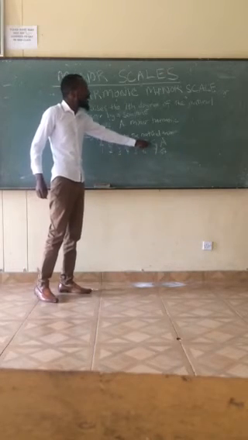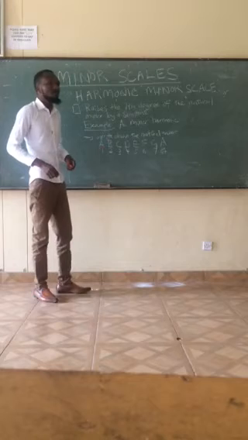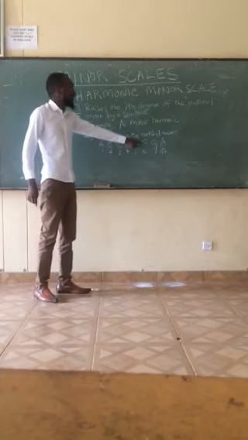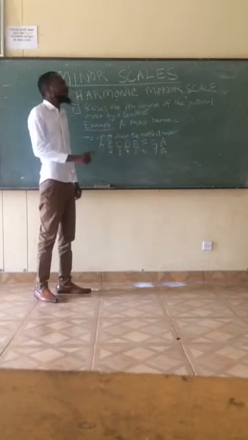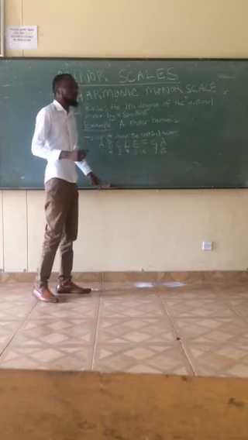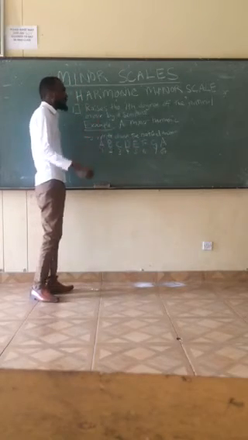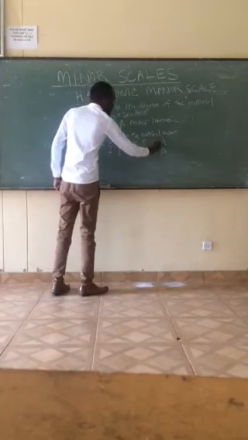How do we raise G by a semitone? What sign do we put there so that we raise this note by a semitone? Obviously, it's a sharp sign. We put a sharp sign here.